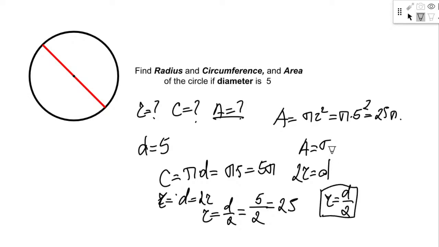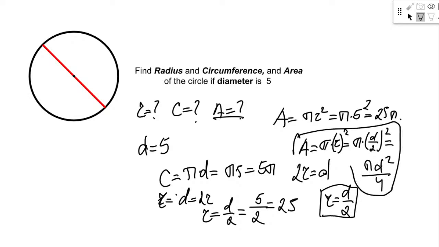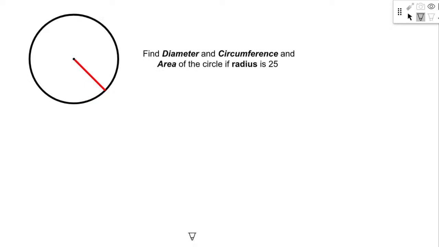Let's put this here: area equals π multiplied by r squared. We can write it as π multiplied by (diameter divided by 2) squared, and this would be πd squared divided by 4. We can also remember this and just find the area.